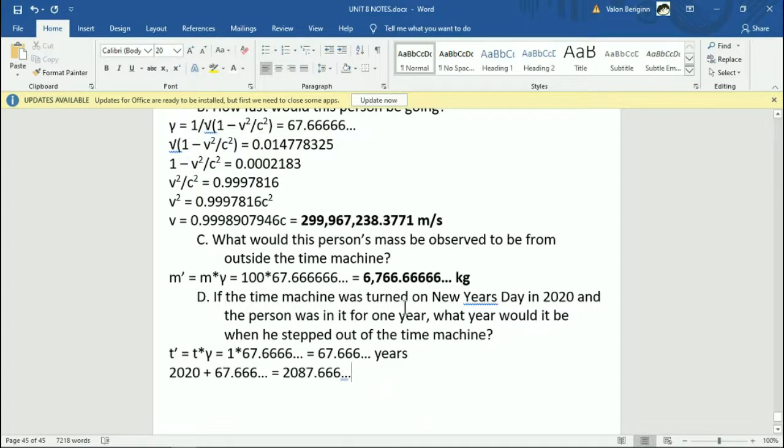Since we started on New Year's Day, at the very beginning of the year, sure, there's an extra 2/3 of a year that's gone by, but we're still going to be in the year 2087. If I said we started in, say, July 4th, then because of this extra 2/3 of a year, it would have rolled over to early 2088. But since we started on New Year's Day, it is going to be the year 2087.